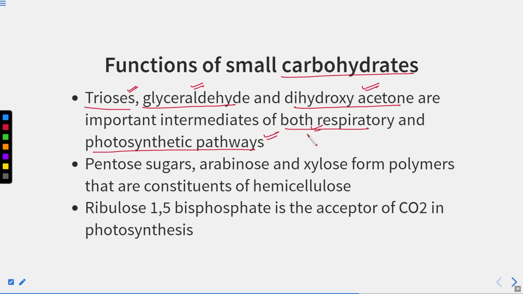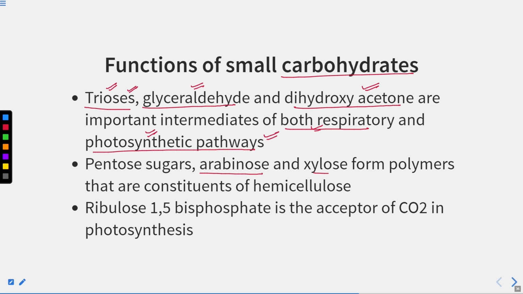So all these are intermediates found in the respiratory and photosynthetic pathways. You can understand how monosaccharides and disaccharides are important, because they are intermediates of two very important physiological pathways in plants.